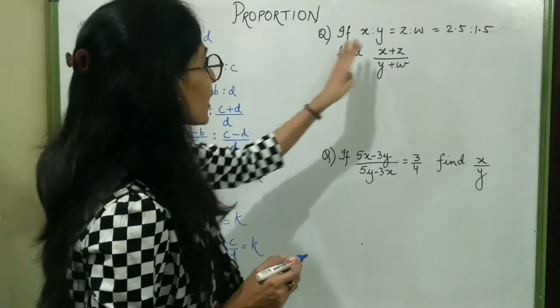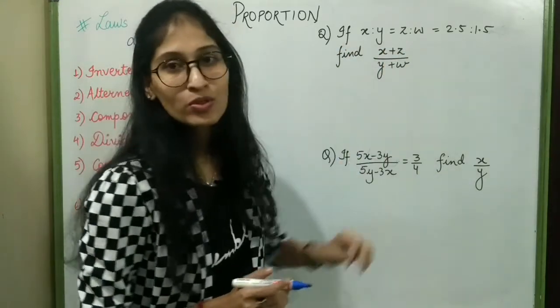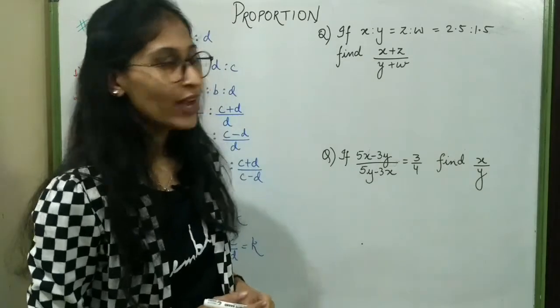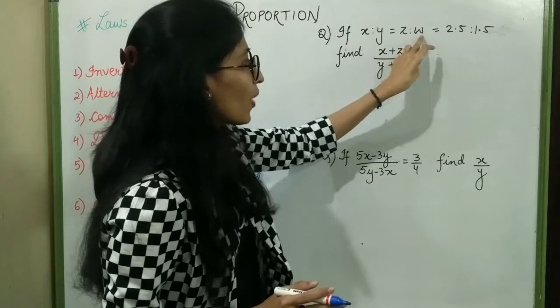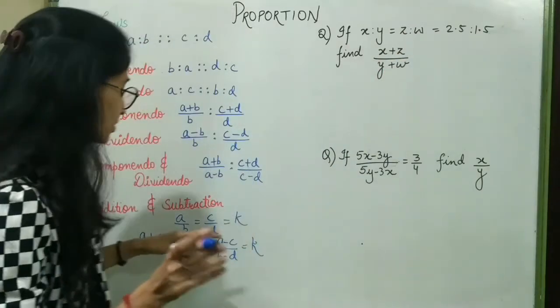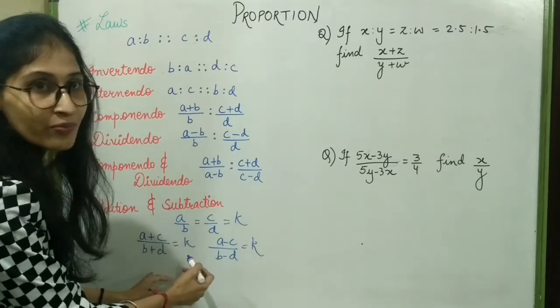First is, if X ratio Y is equal to Z ratio W is equal to 2.5 ratio 1.5, find X plus Z upon Y plus W. So this is the question based on my addition law.